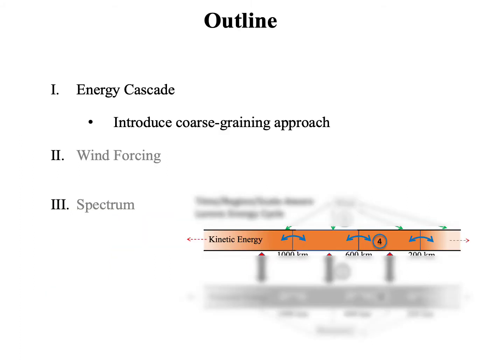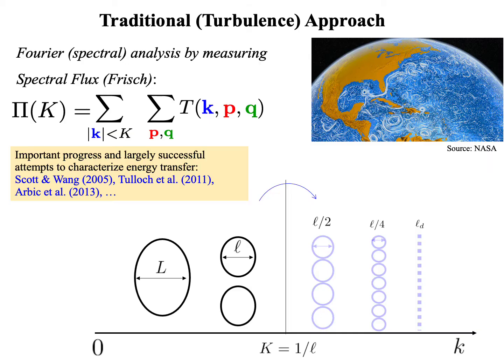Let me introduce the coarse graining approach by starting from an example of energy transfer, or the cascade, which many people in the community are working on. For me this goes back to the seminal work of Scott and Wang in 2005, and many important subsequent works, which measure the energy transfer in the ocean.